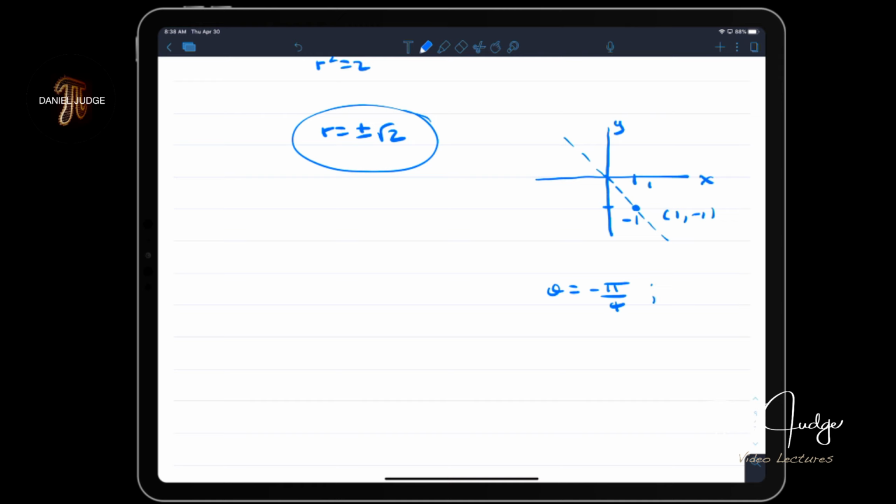We got -π/4. And what's the other angle? Isn't this here 45 degrees? It's -π/4. But if we go the other way, what would that be? Isn't that 7π/4? So I have two answers here.